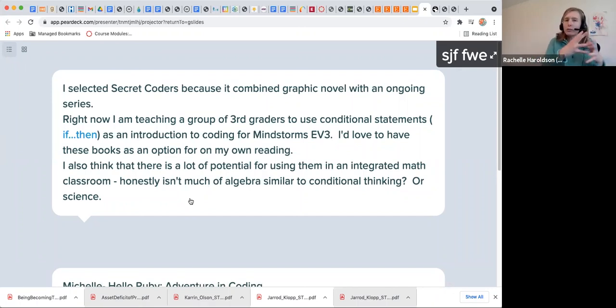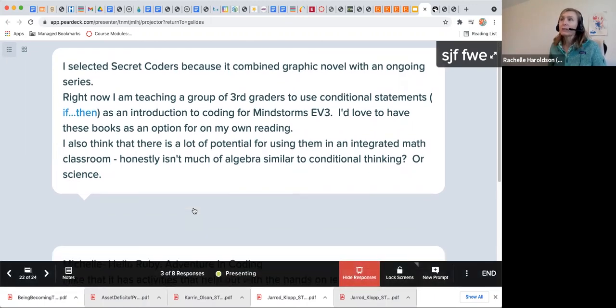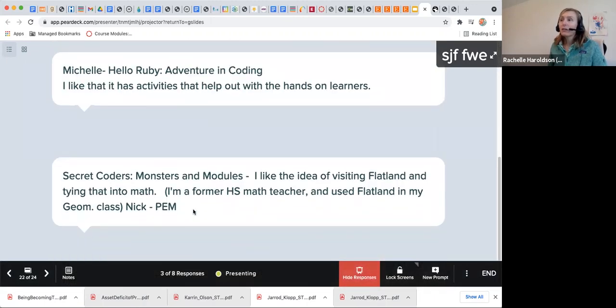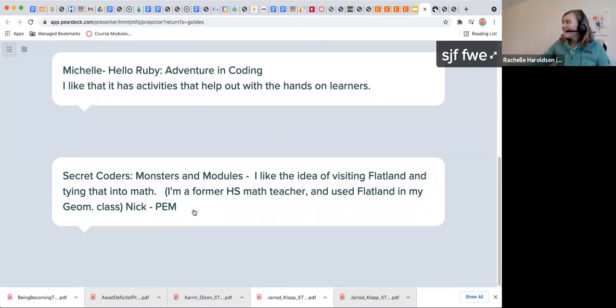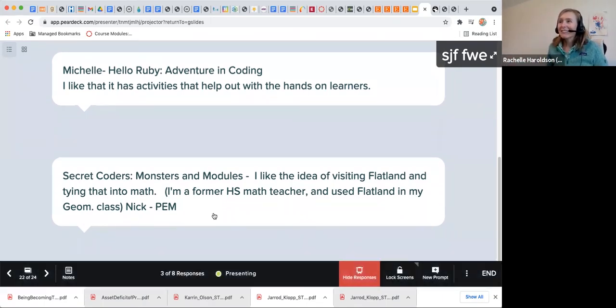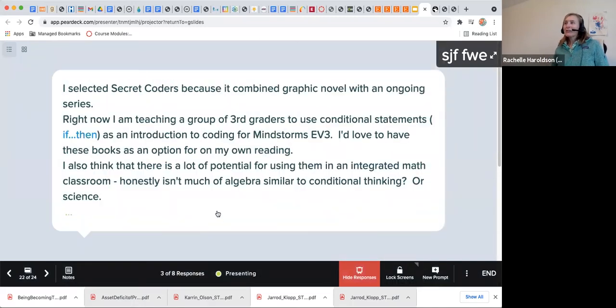What are you already doing in your science class where you can bring this in and you can enhance the computational thinking that's maybe already going on, or extend and include computational thinking because it just naturally flows into it. Good. Yeah, these are all really great ideas. Awesome. Good. Thanks everybody for sharing those responses.